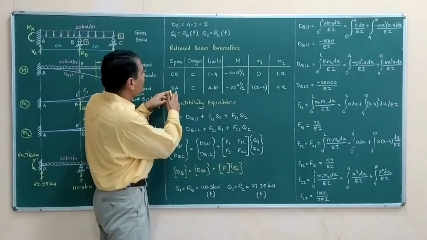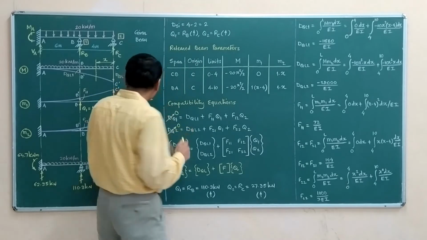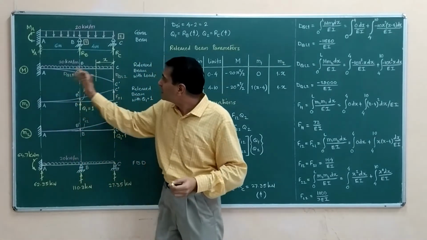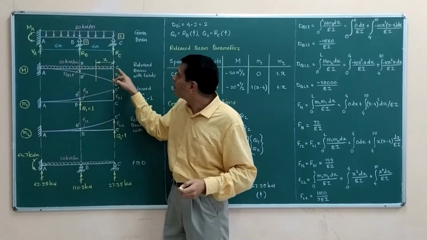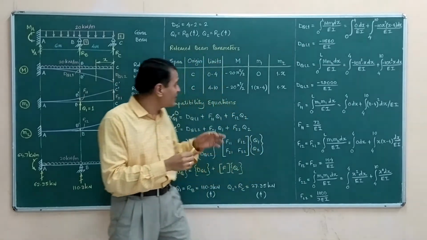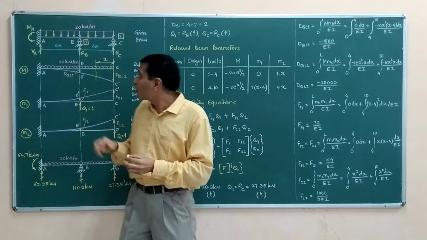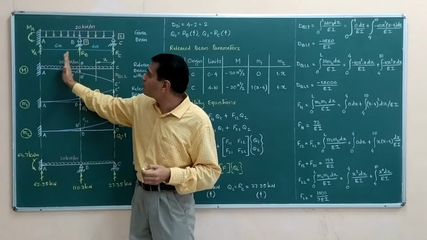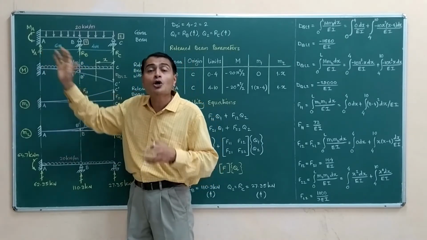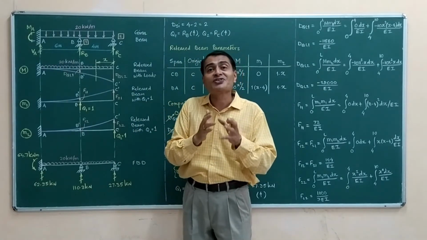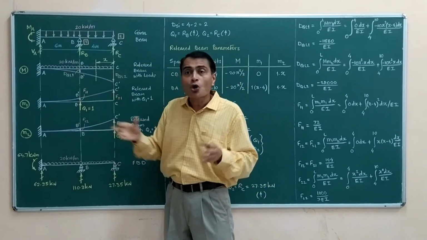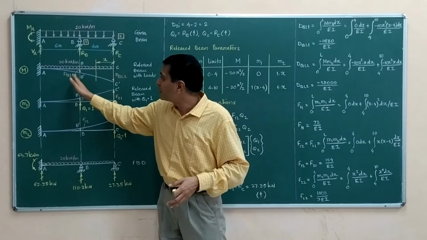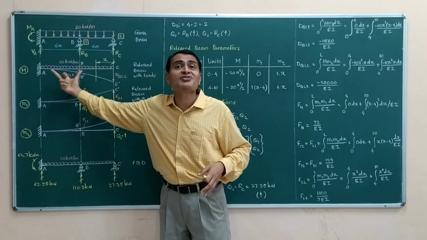Similarly, if you look at the next span, that is BA, that means this span, then if my section goes here, but origin is same, that is C, that is what I have written here. Origin is C, but B to A span. So my section is moving from B point to A point. So obviously it is covering a distance of 4 meters to 10 meters because this is 6 meters.